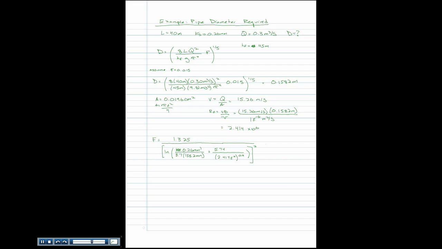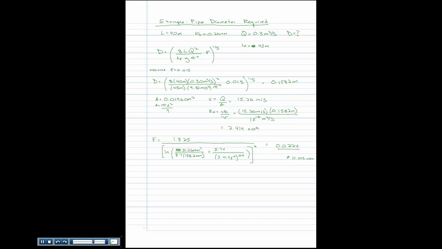Square that. Okay, the f value, if we do all those calculations, and I encourage you to pause this as needed to do the calculations yourself, is 0.0224. So that does not equal the 0.015 assumed.